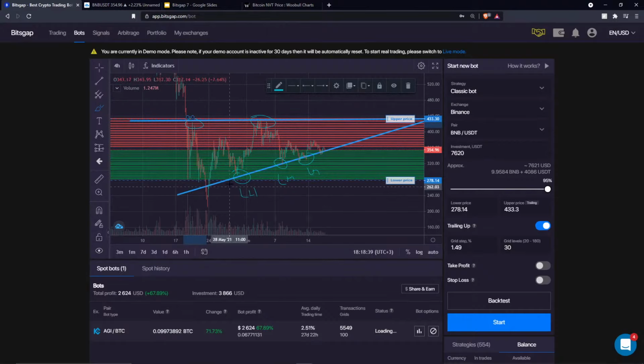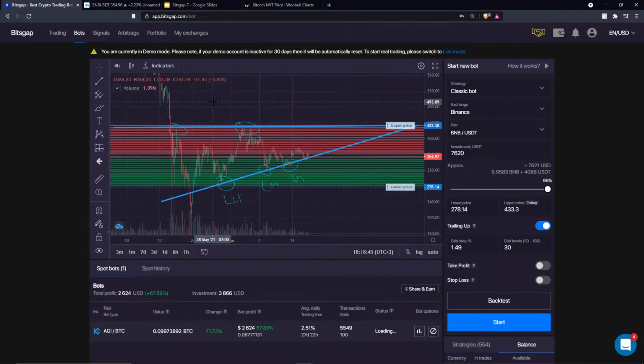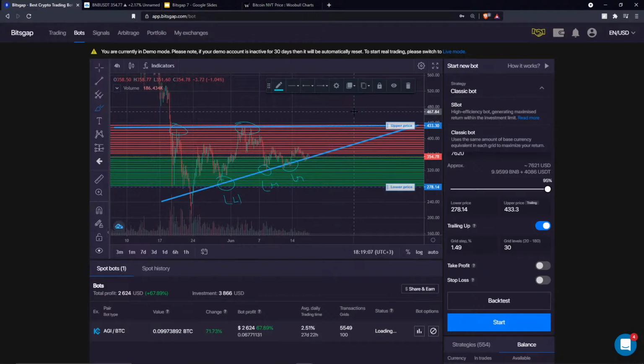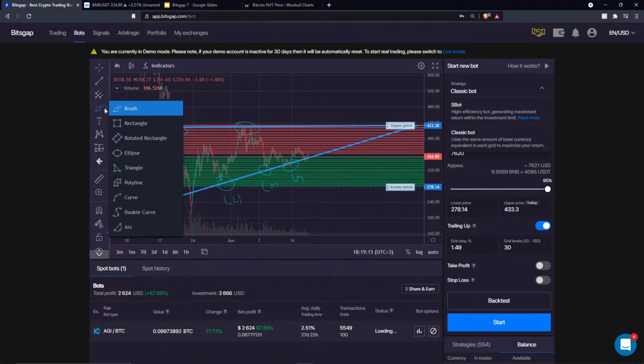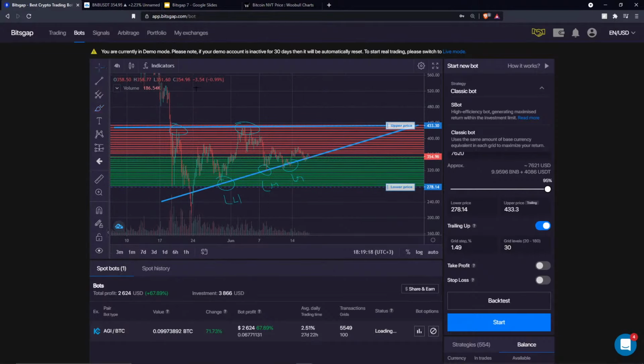So in any case, this kind of pattern formation tells us that the accumulation is strong right now on the market, and on the accumulation phase it makes sense to trade the S-bot, because accumulation most likely will be prolonged for some time and it will form a sideways market formation. So right now that's an ascending bottom triangle, which is a good pattern, by the way, and we can stick with the configuration you see right now.